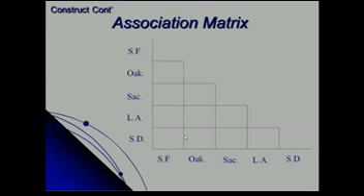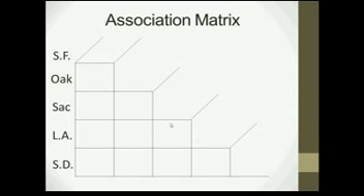From there we add in a couple of lines outside to better identify which trek each of the entities of interest takes care of. Everything that's up in this trek follows this line. Everything that's in this area follows this line and is responsible also for what comes across. If you take the San Francisco, Sacramento, LA, and San Diego information and add it to the side, you're still looking at the regular association matrix.